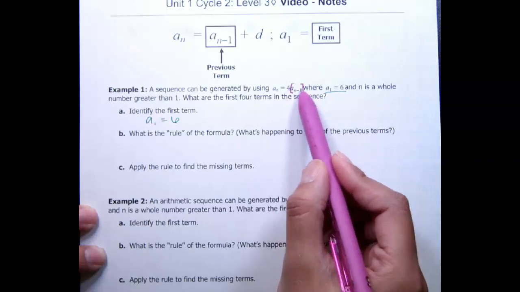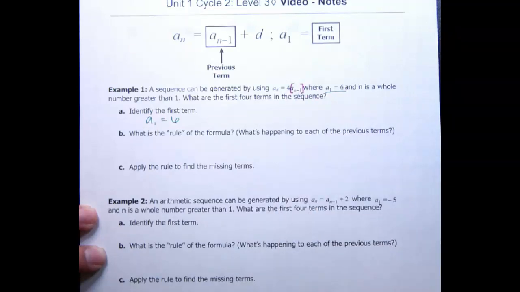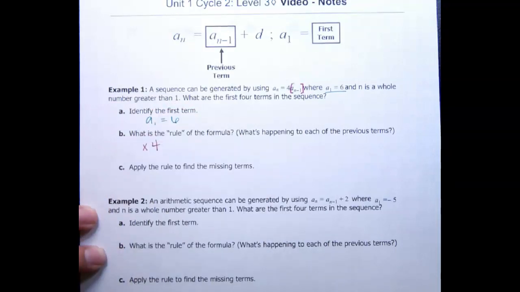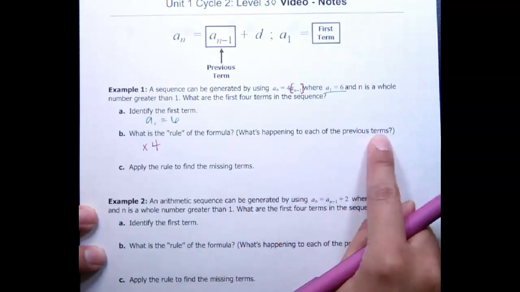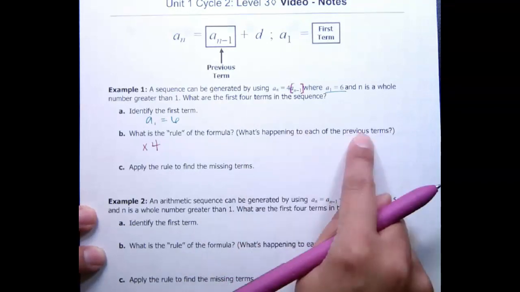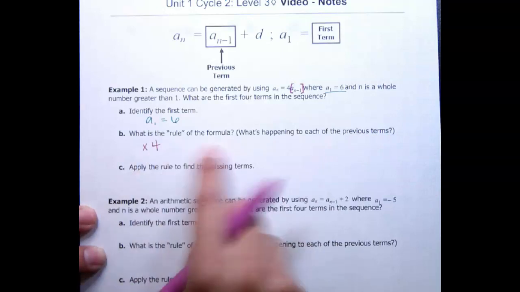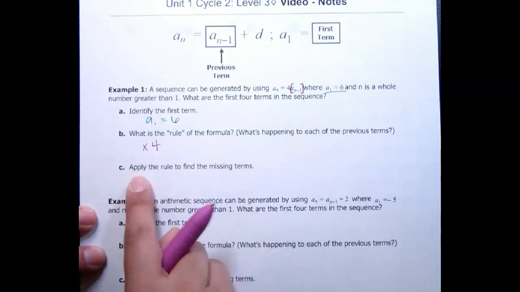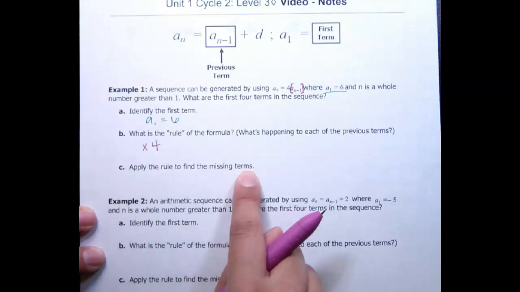So that means I'm going to multiply by 4. So what is the rule of the formula? Times 4. This is what's happening to each of the previous terms. So every time that you move forward to the next number, we're going to multiply times 4.